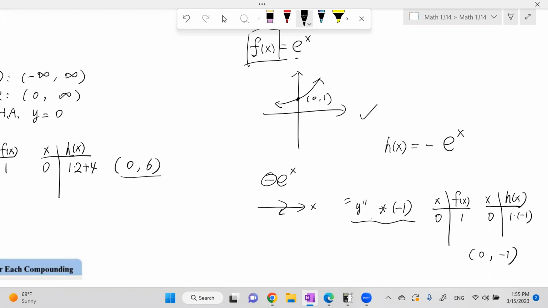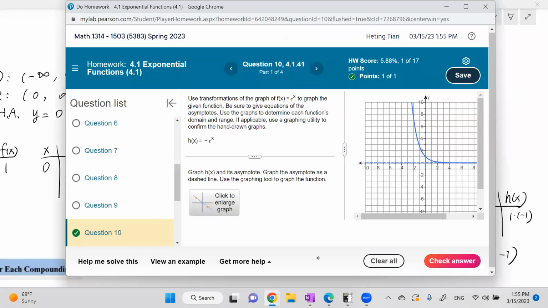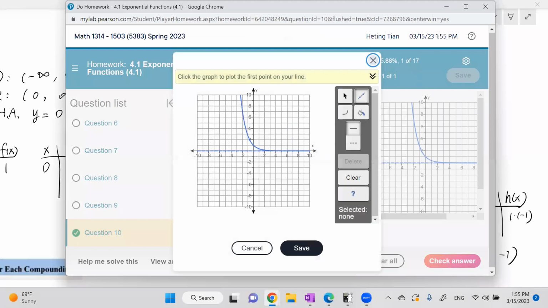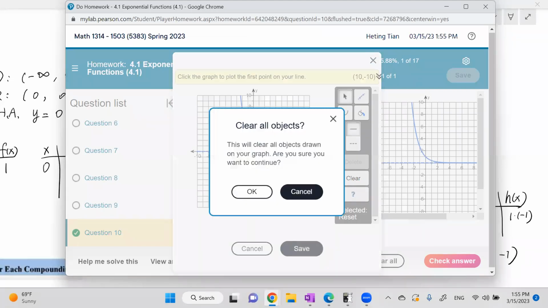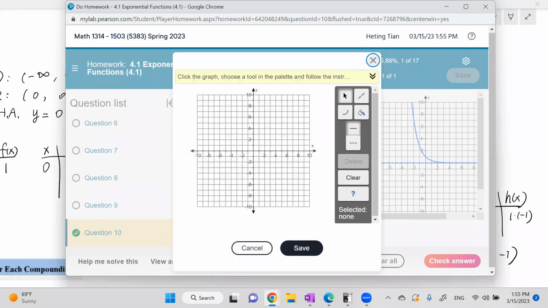All right, read the question. Be careful, because it changes the example all the time. Now let's clear the graph. And then I still select exponential 2 and solid line.